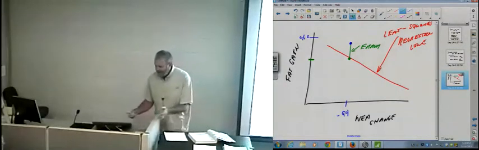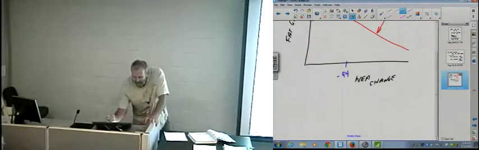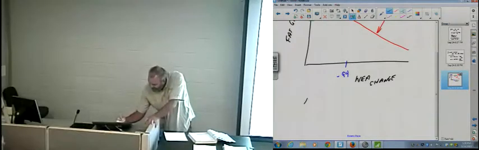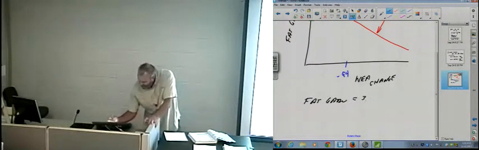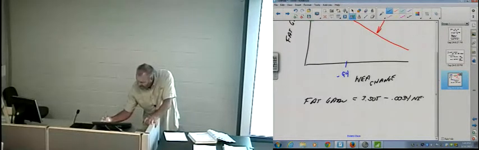So how do I find that part in green? Remember Tuesday that we had fat gain equal to 3.505 minus 0.0034 NEA change.